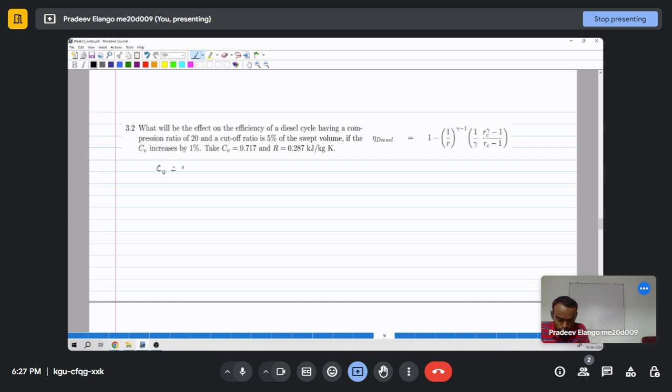CV is equal to 0.717, and they say that delta CV by CV is equal to 0.01. So CV dash minus CV is equal to 0.01 CV. CV dash is 1.01 into 0.717.